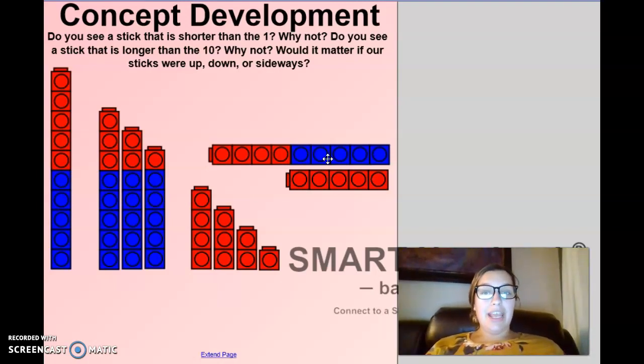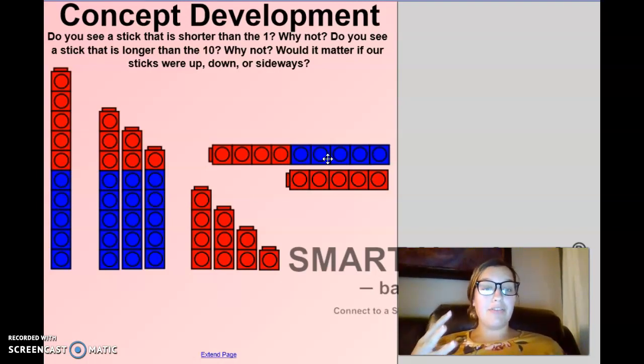So today we compared our 5 stick with numbers 1 through 10. And you guys did an awesome job. I love how we're starting to count up. I love how we're starting to recognize and subitize a group of 5. You guys are getting really good at that, and I'm really proud of that.